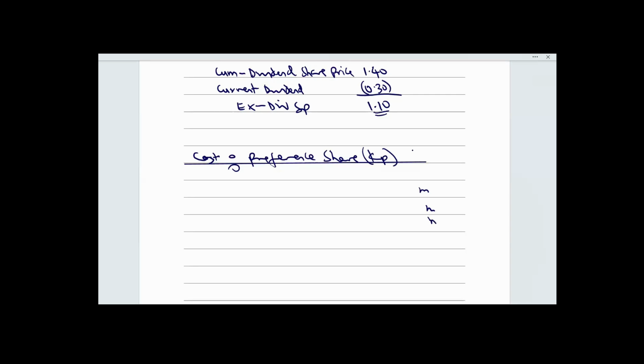So if in a year a company makes a loss, the company will not be able to pay any dividend. Therefore, you are expected to carry forward the preference dividend you are supposed to pay in the first year to the second year.